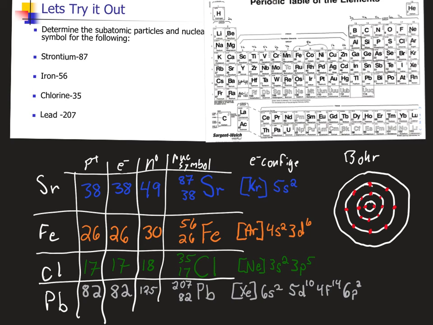Iron is going to have 4 in the 4th ring, based on the fact that it's 4s2, but I have to add an additional 6 into this 3rd one, and so I would have to go 1, 2, 3, 4, 5, 6 to make the iron configuration.